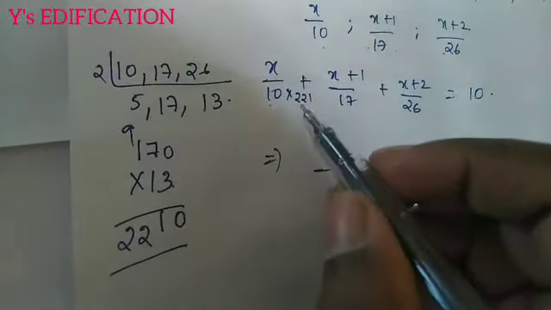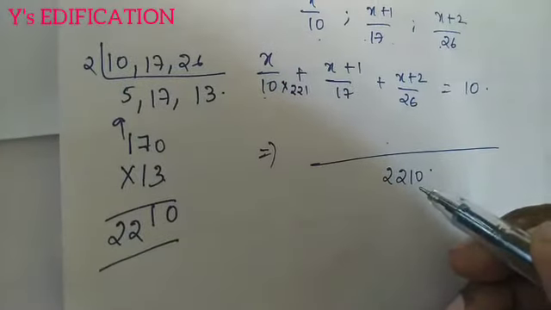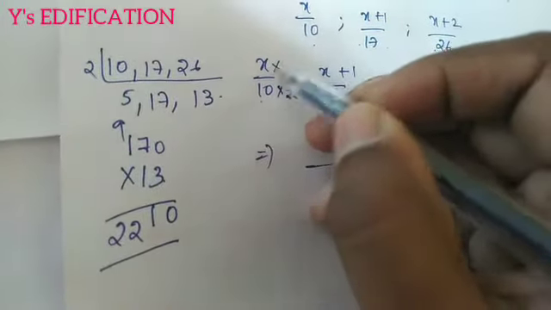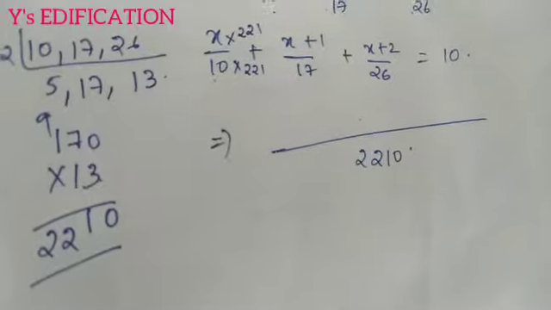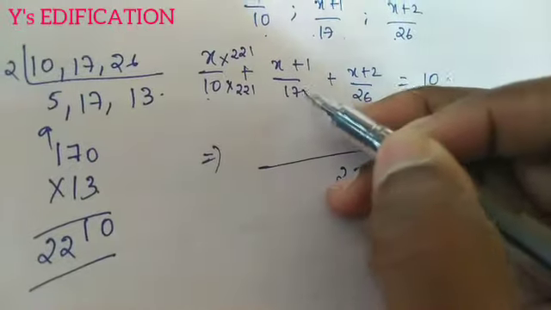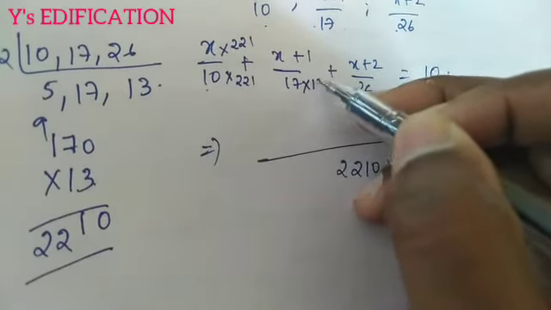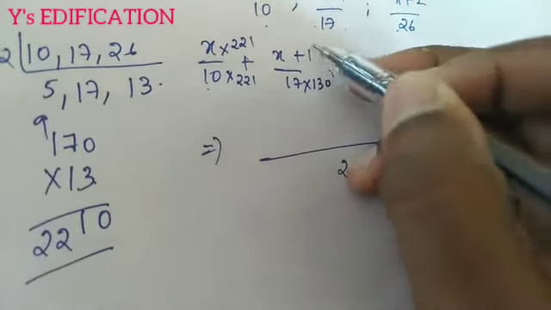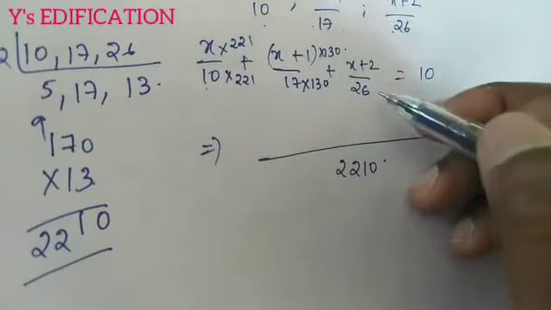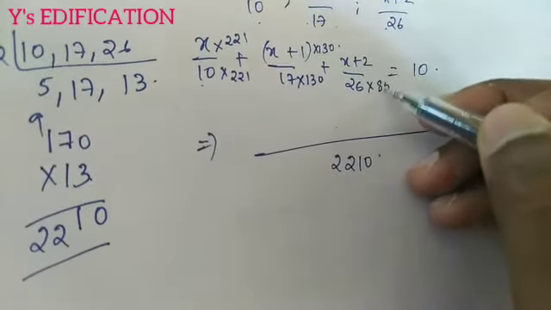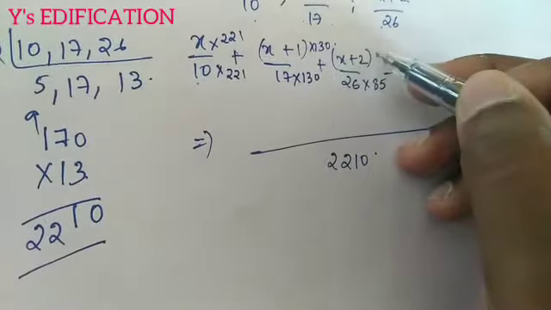Okay, so multiply this number with 221. When we multiply 10 into 221, it will become 2210, and this number also into 221. Next, multiply this number with 130. So this one also with 130. Multiply 26 into 85. Why 85?